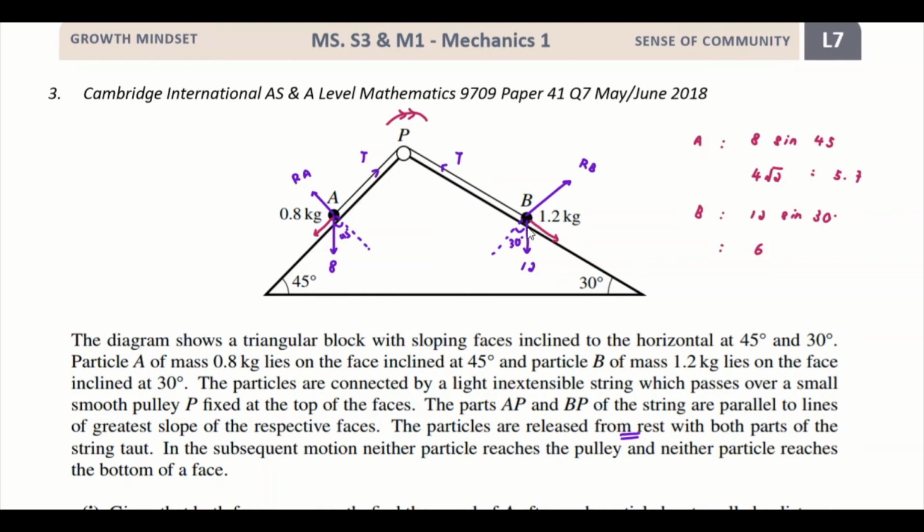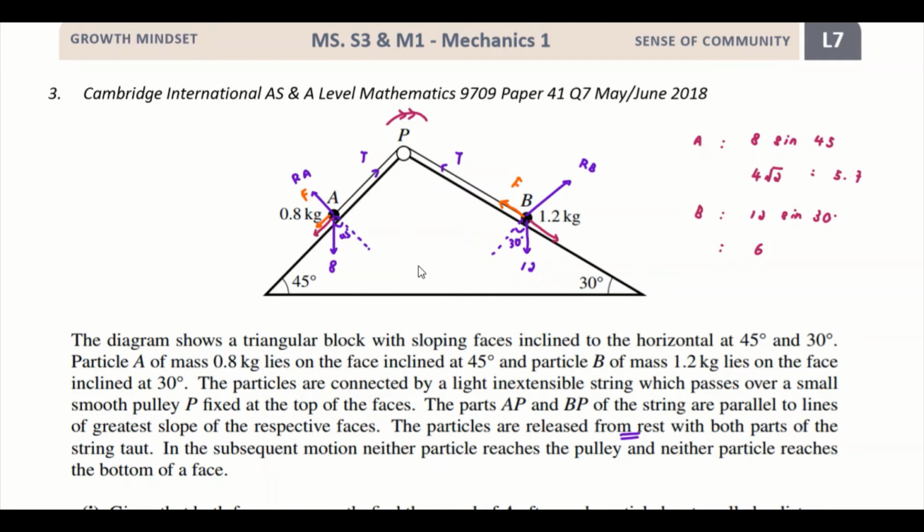So because B is moving towards this direction, the friction is going here. Then A is sliding up, so the friction will be opposing it, which is moving down. So this is very important. Both of the frictions are moving in the same direction because they are both opposing your motion.